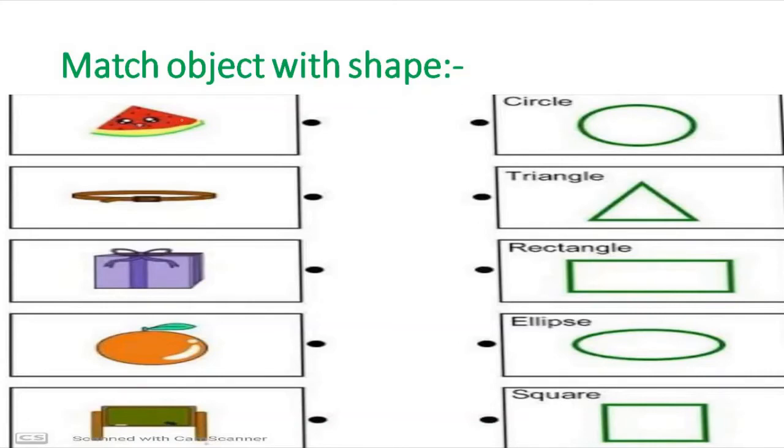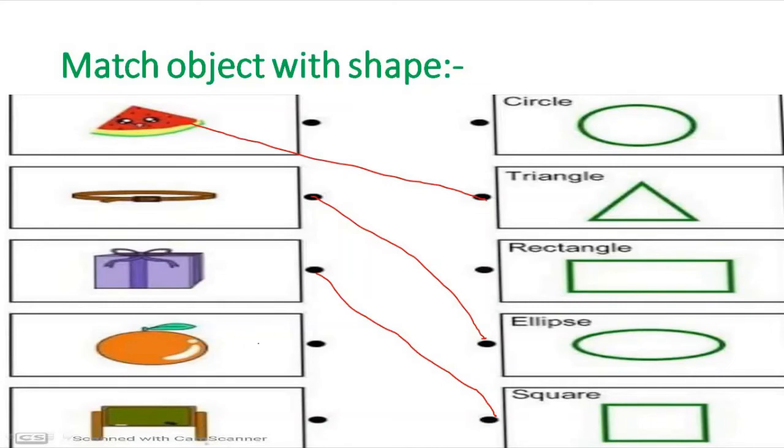First of all, this is the slice of watermelon. We are going to match it with the shape. Okay. Now the ring. With what do we have to match it? Yes, ellipse. Okay. Next is the gift box. With what should I match it? With a square.